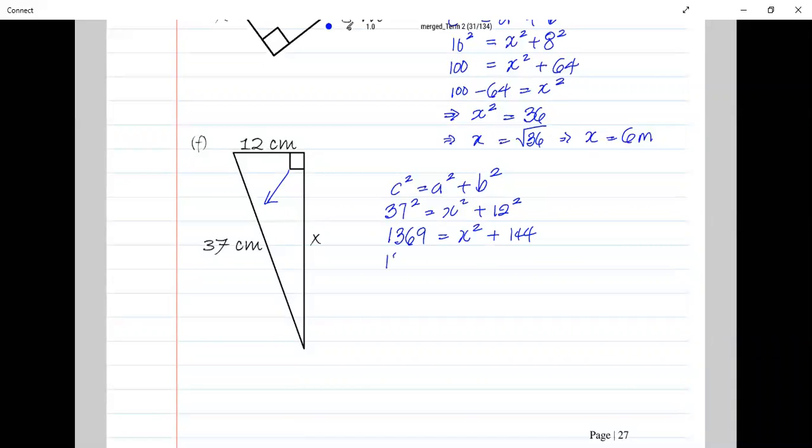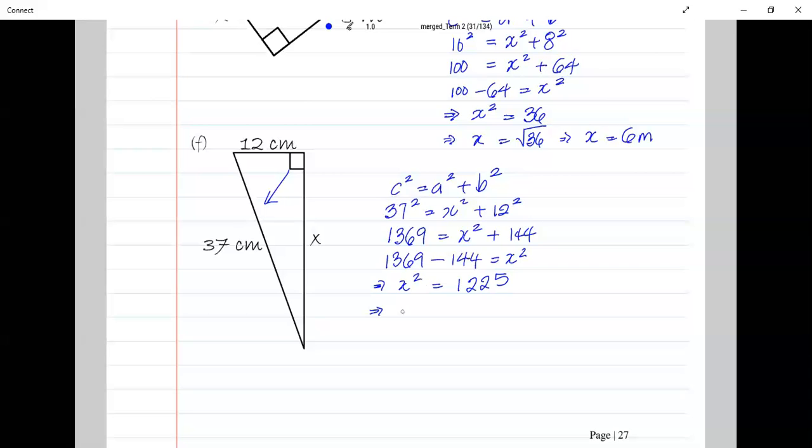So 1,369 minus 144 is equal to X squared. And so X squared is equal to 1,225. The opposite of square is square root.